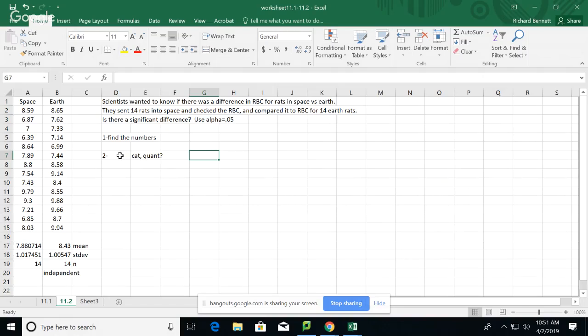Those are groups. Category has to be yes, no, true, false. But we're counting red blood cells, which is a big number. Do you remember in chapter 1 when you thought this was so easy?